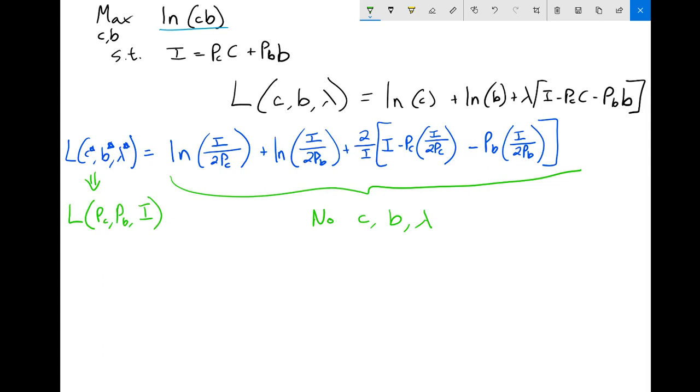Why? Well, it's because we found the optimal values of the variables as functions of the parameters, and we plugged them in. So now there are no more of the original decision variables here. So what this function is going to do is it will take these parameters as an input and give utility as an output. All right, so now I have a function of my parameters, not of my decision variables.